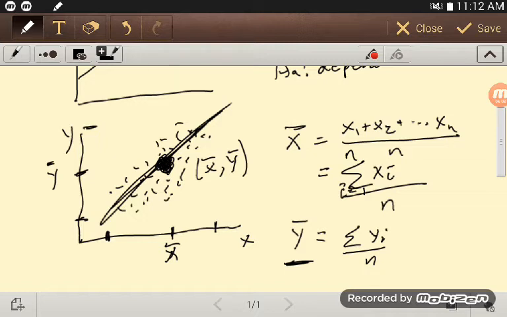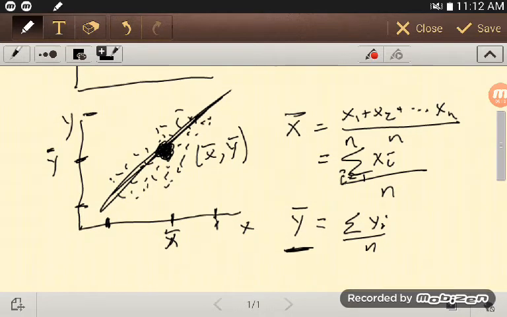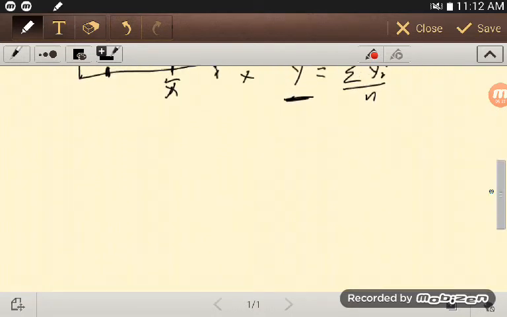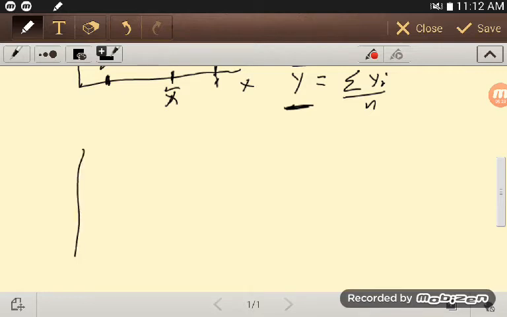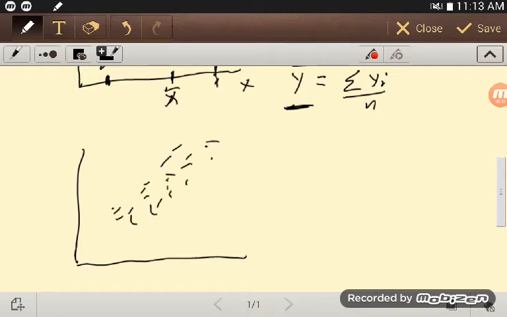So really, if I had a lower x value, I'd probably like to predict a lower y value, and a higher x value, a higher y value.